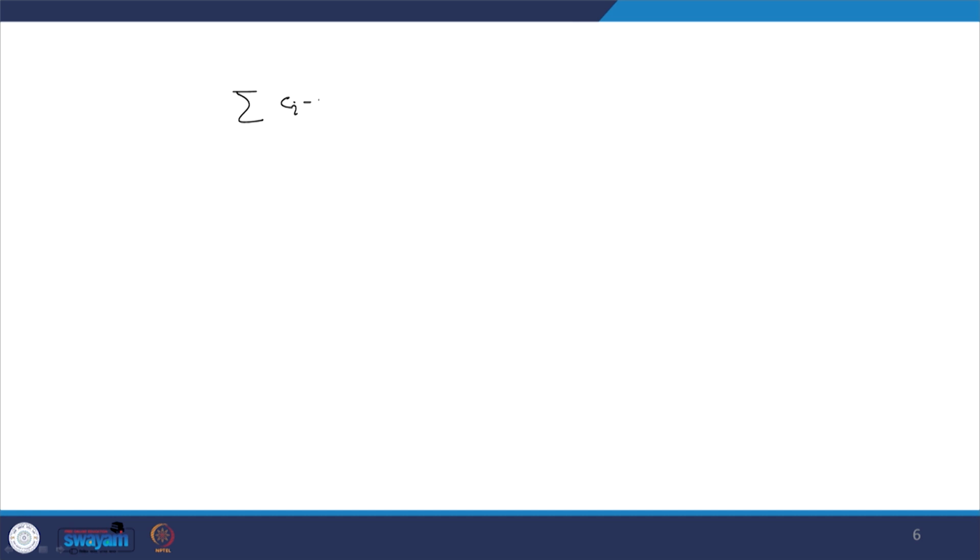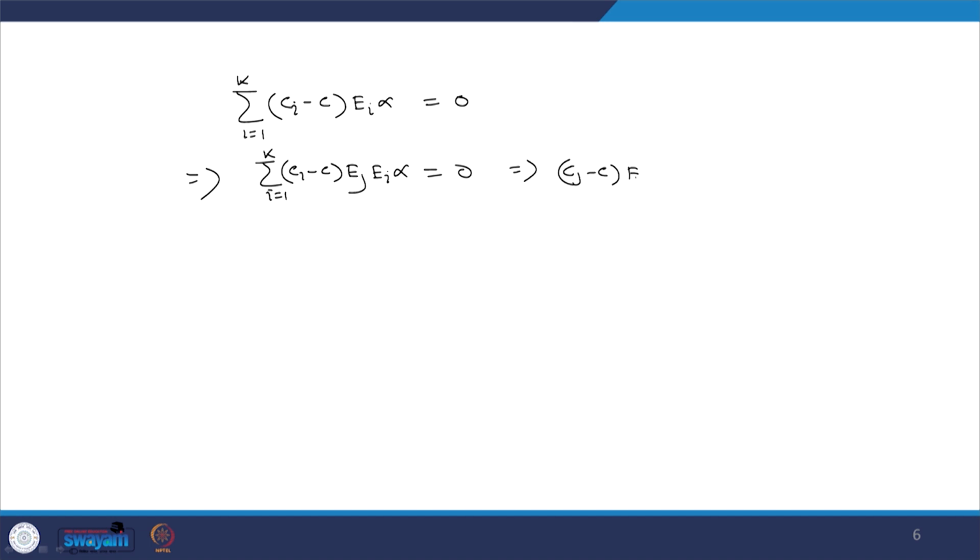If I multiply Ej from both the sides, then I am having basically sigma (Ci minus C), which is a constant, so I can take it out, (Ci minus C) into Ej Ei alpha, i equal to 1 to k, equal to 0, implies that (Cj minus C) into Ej alpha equal to 0, and this is true for j equal to 1 to k, because I have multiplied Ej.